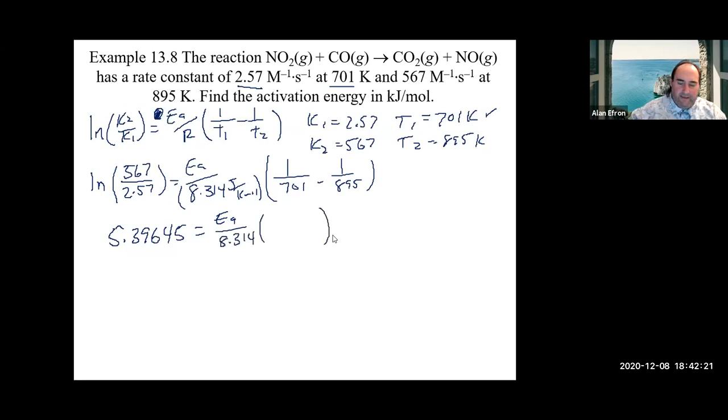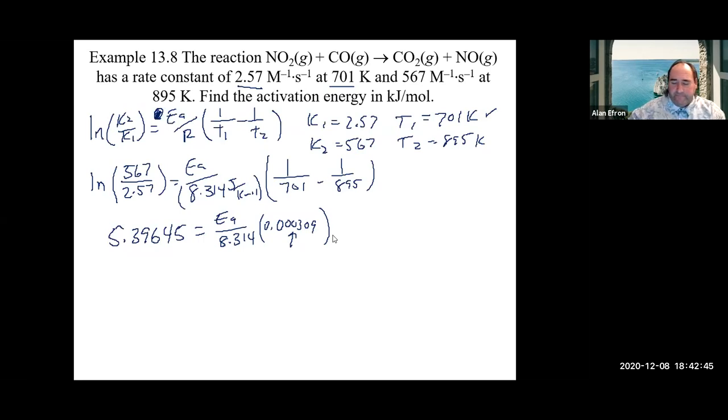And then if we clean up what's in the parentheses there, we end up with, looks like a lot of zeros there, 0.000309. We basically need to multiply 8.314 to the other side and also then divide actually by that, right?